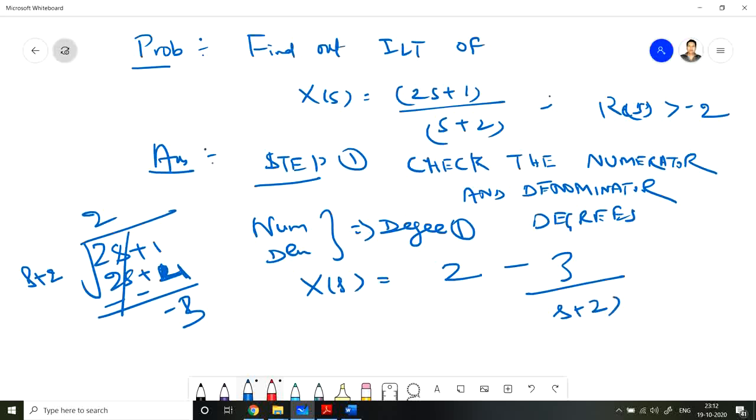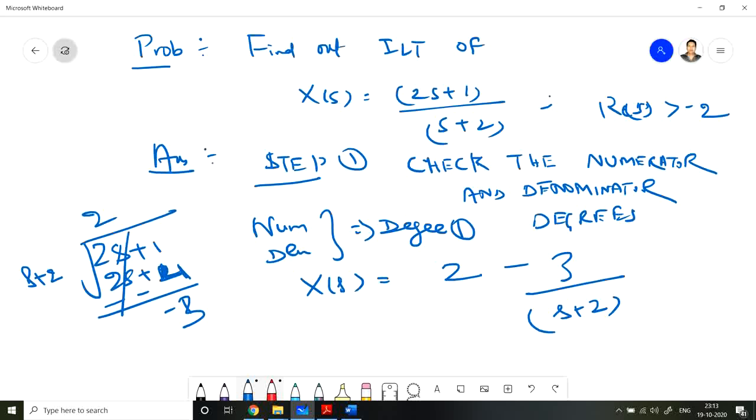So 2 minus 3 divided by s plus 2. Whenever we have the same degree, we have to perform the division first. Now basically we want to avoid any pole at the origin. What is our aim? We want to avoid any pole at the origin.